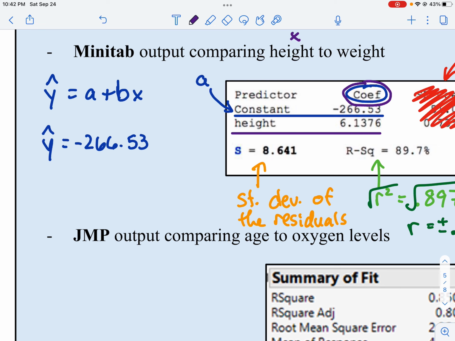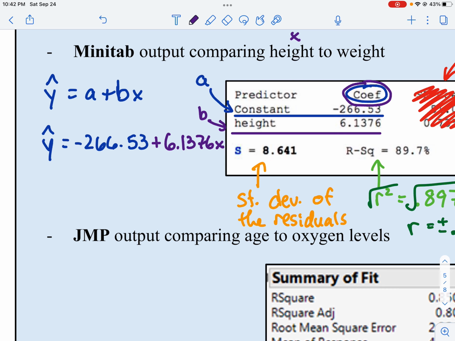So the coefficient of my x term is right there, plus 6.1376x. So this is how we can get our least squares regression line from a Minitab output.